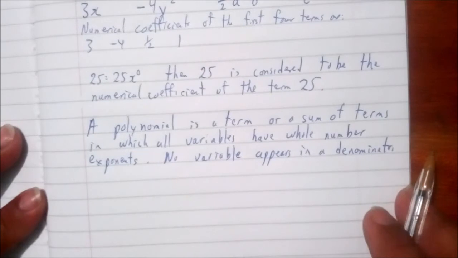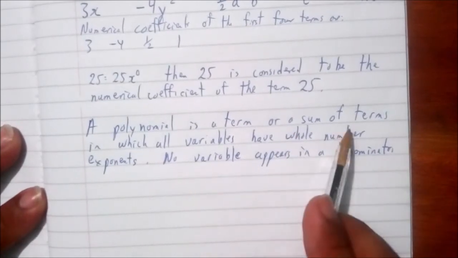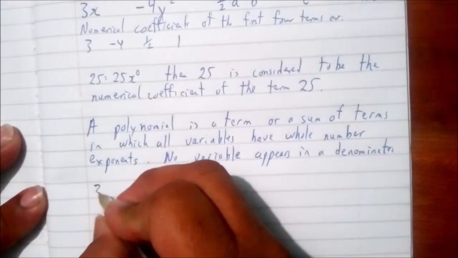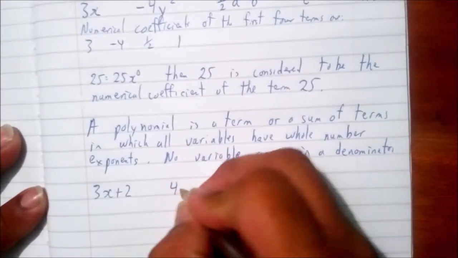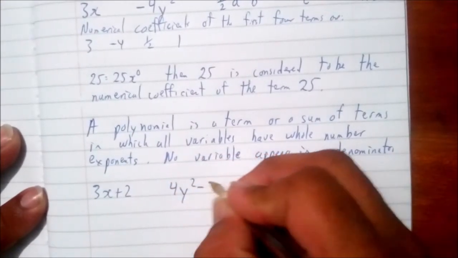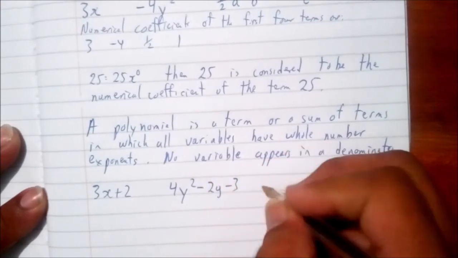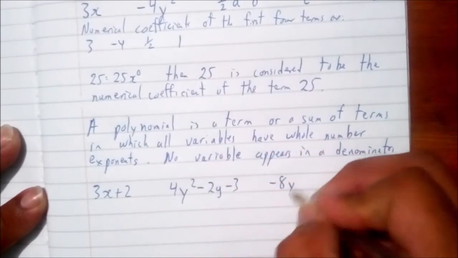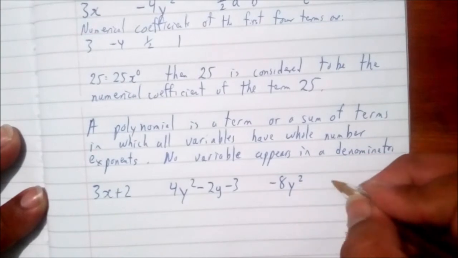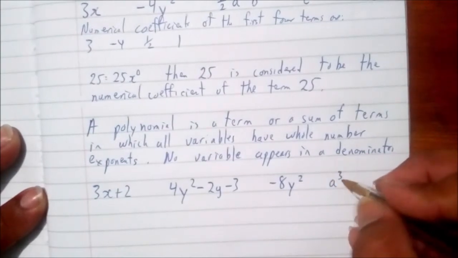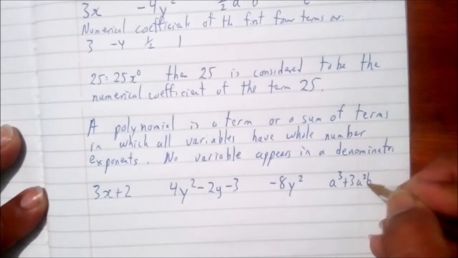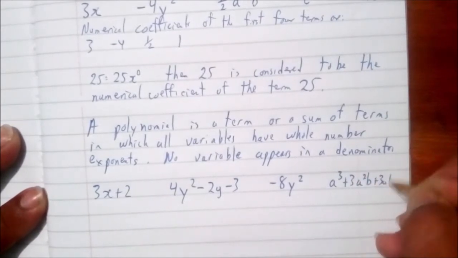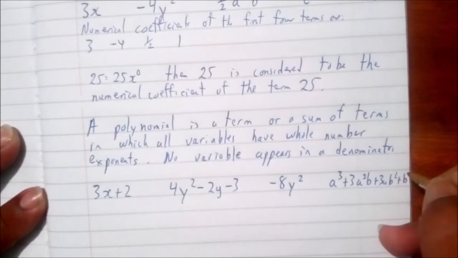Now let's get some examples of polynomials. Remember, by the definition, a term or a sum of terms: 3x plus 2, 4y squared minus 2y minus 3, negative 8y squared, a cubed plus 3a squared b plus 3ab squared plus b cubed.